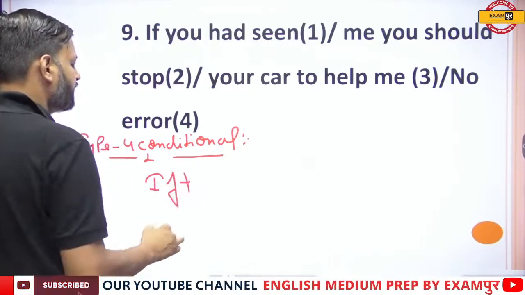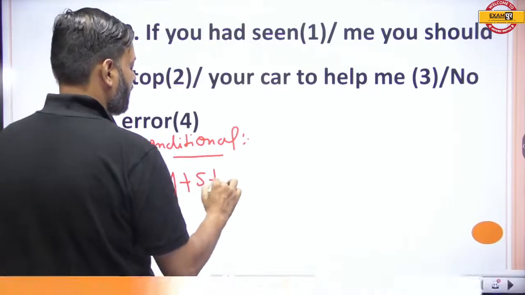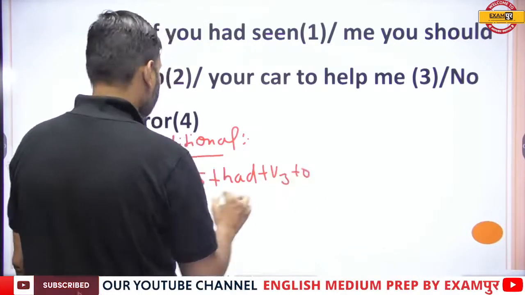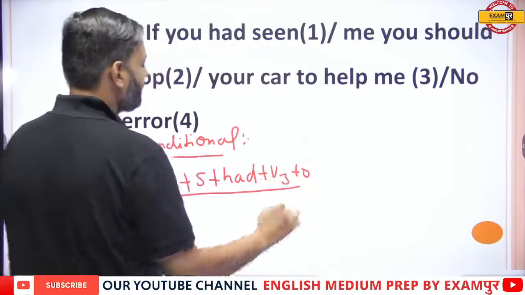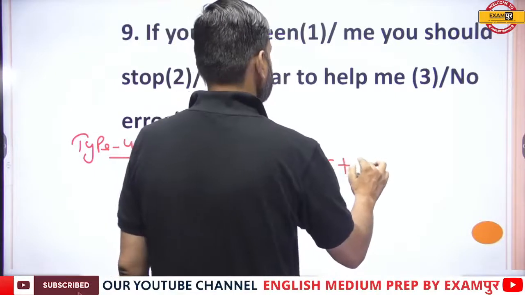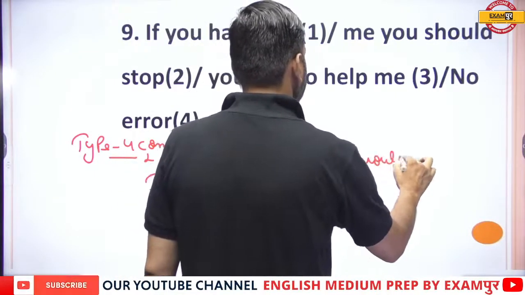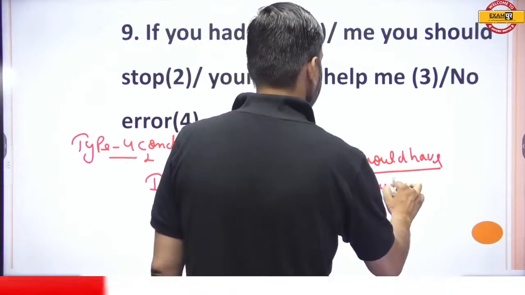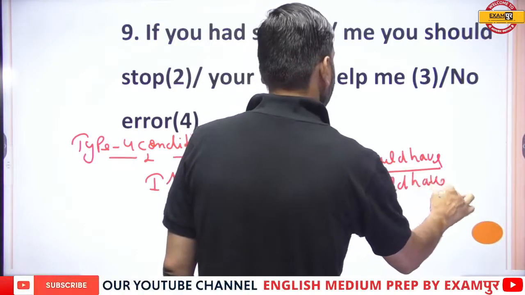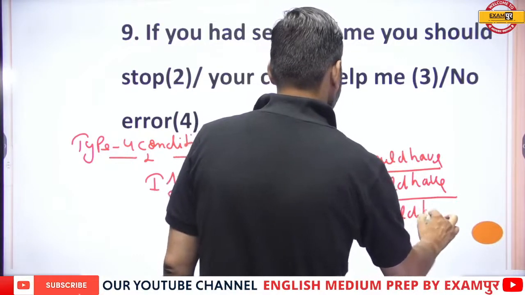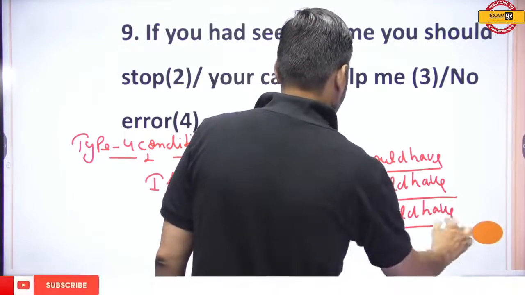In type 4 conditional, the if clause is in past perfect tense. And in the main clause, subject plus would have or could have or should have or might have.